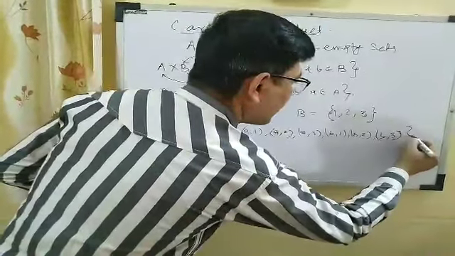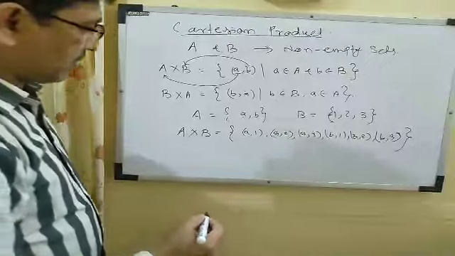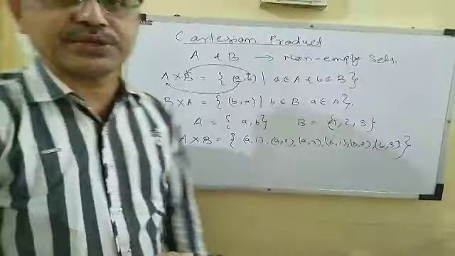So this completes the set and this set represents A cross B.